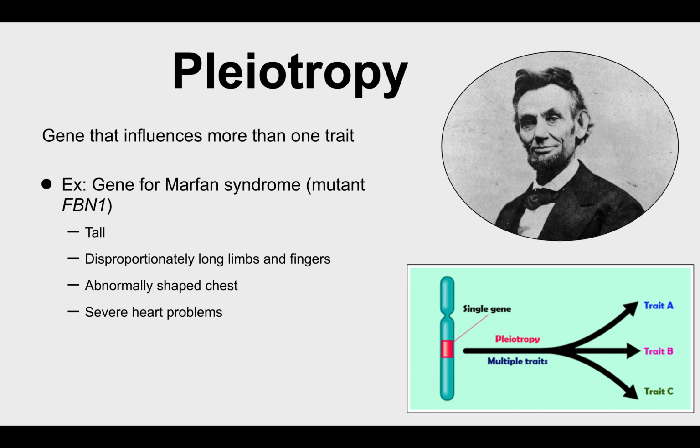Abraham Lincoln had this syndrome where one gene influenced how tall he was. He had disproportionately long limbs and fingers, an abnormally shaped chest, and some heart problems. All of these traits showed up from this one gene. So again, not as simple as black and white, dominant, recessive.